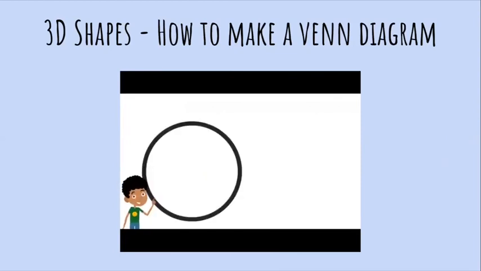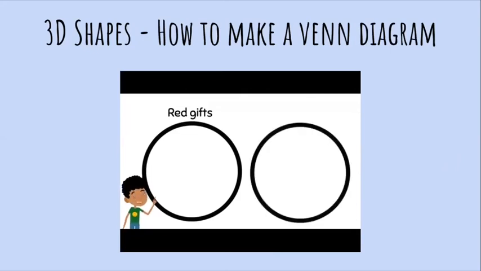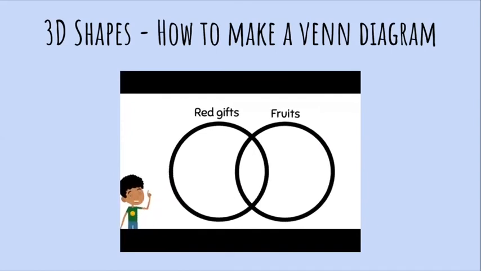He drew a circle to represent all the red gifts, and another circle to represent all the fruits. But he remembered that some of the fruits are also red. So he made sure that the two circles have an overlapping part.